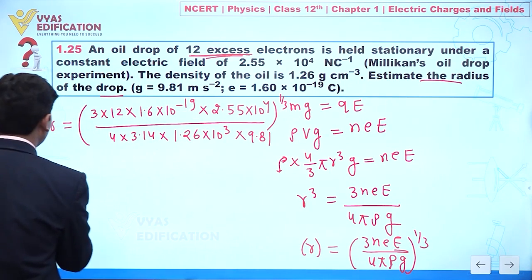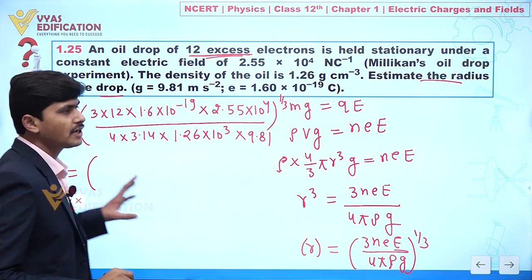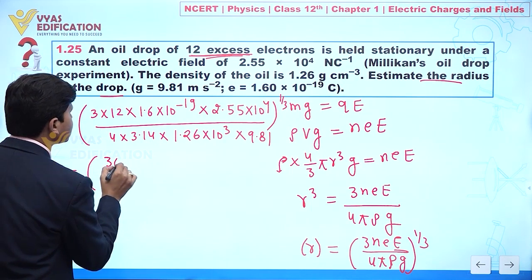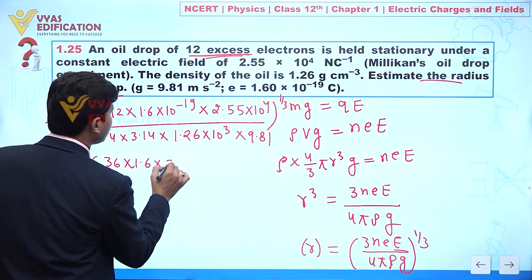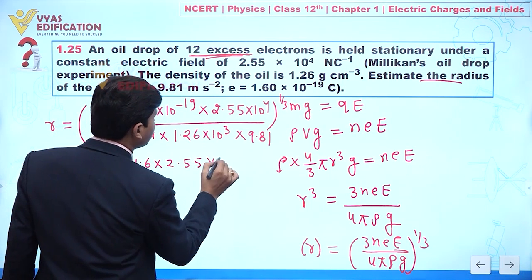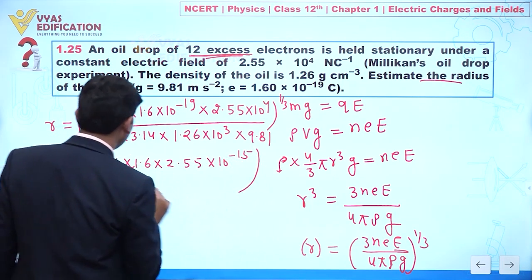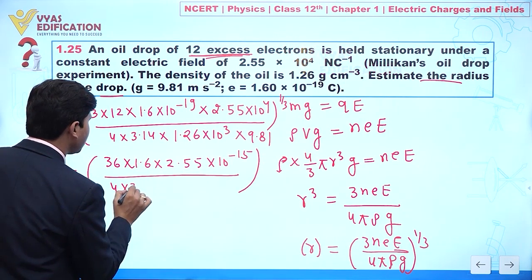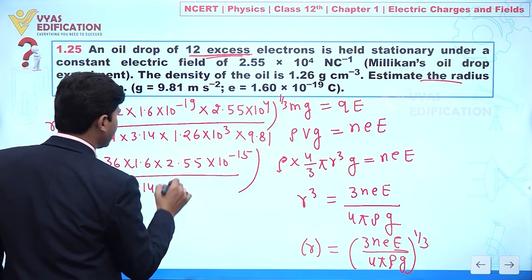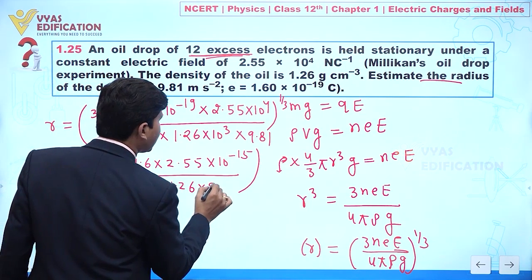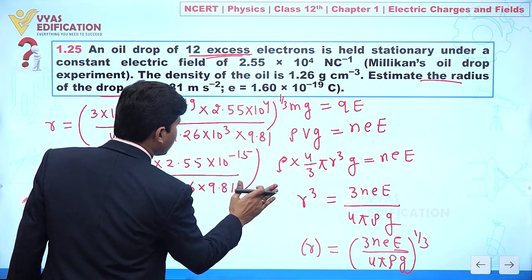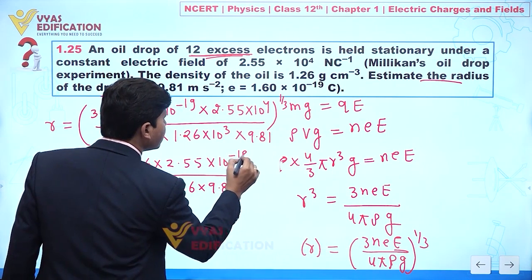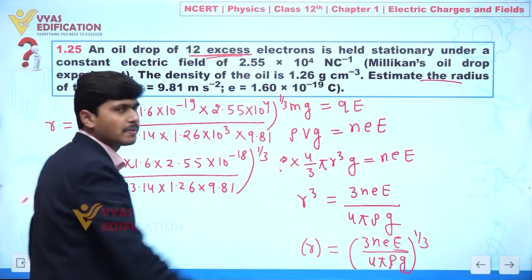So now if you calculate here, you get 3 into 12, which is 36, into 1.6 into 2.55 into 10 to the power minus 15, divided by 4 into 3.14 into 1.26 into 9.81 into 10 to the power 3, so we can write here 10 to the power minus 18, and this whole thing to the power 1 by 3.